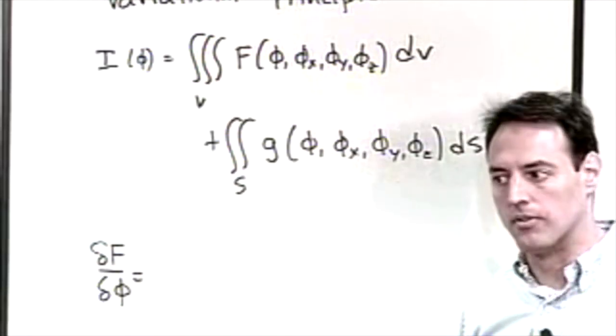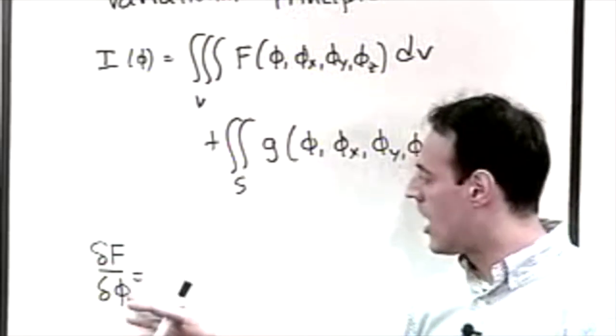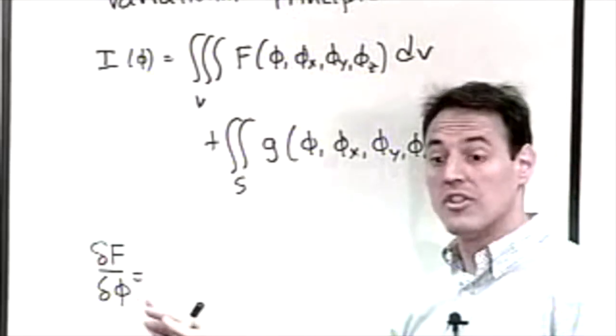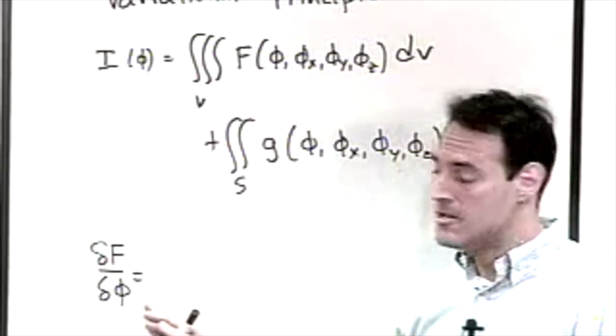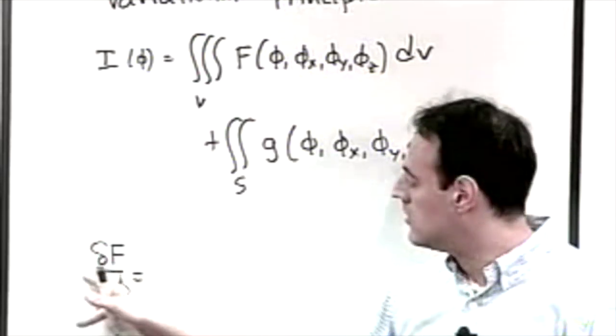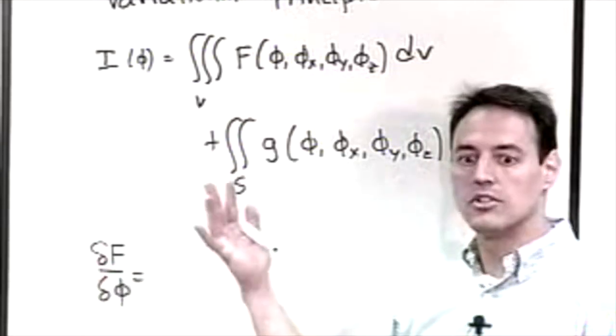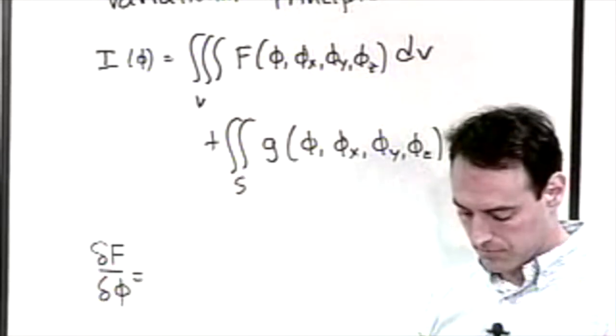It's a functional derivative. So I'm taking the derivative not with respect to some variable x or y or z, but with respect to the function itself. And so that's what these little deltas mean. This is basically just generalizing the idea of the derivative.